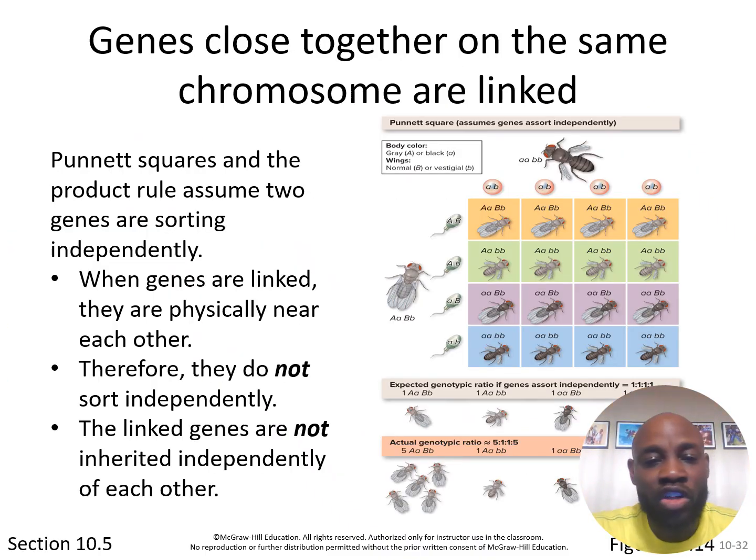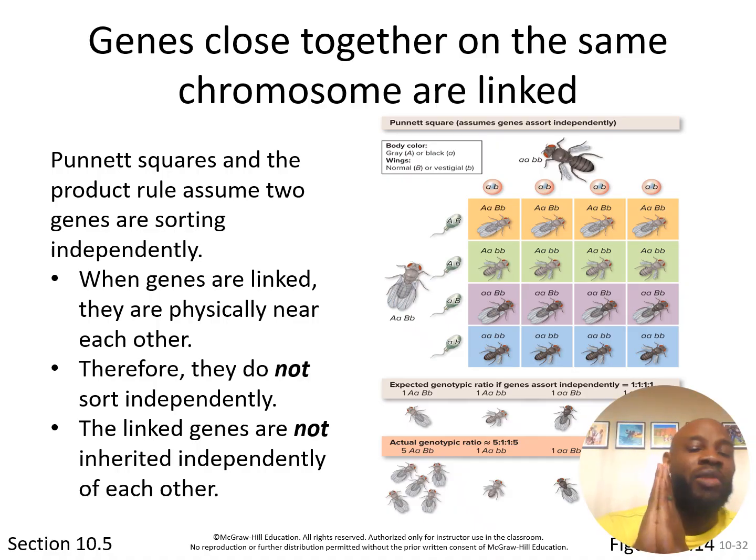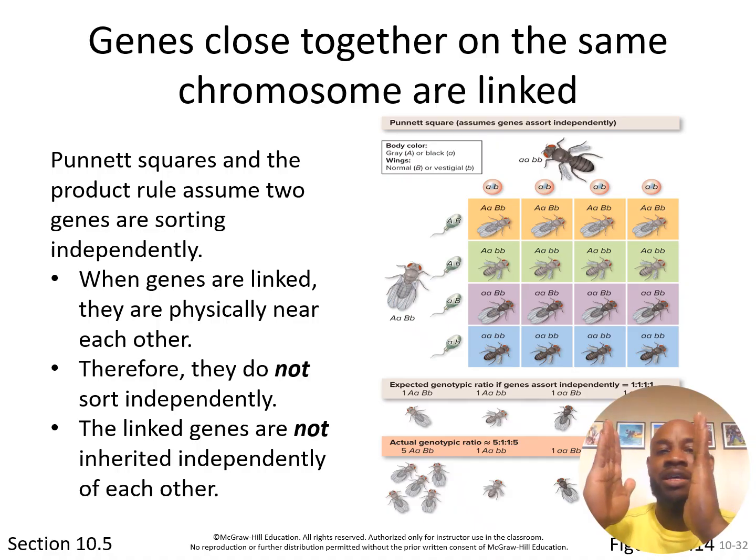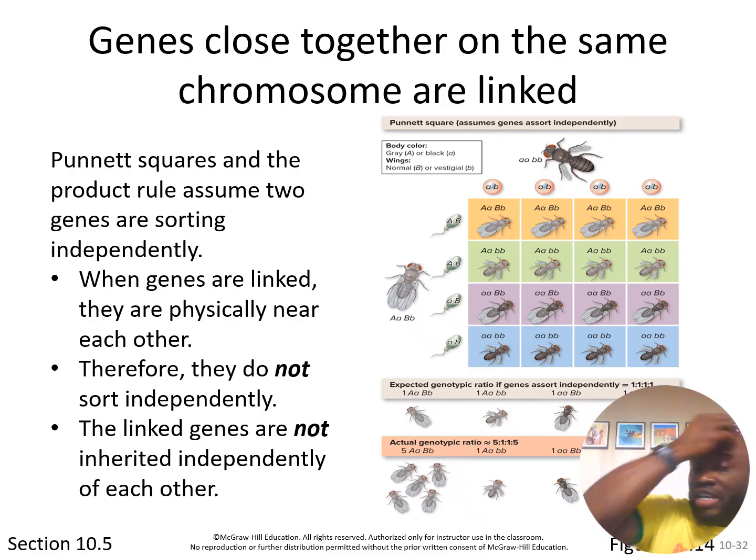But for genes close together on the same chromosome, when those homologous pairs split, they would be linked together. Punnett squares and the product rule assume two genes are sorting independently.